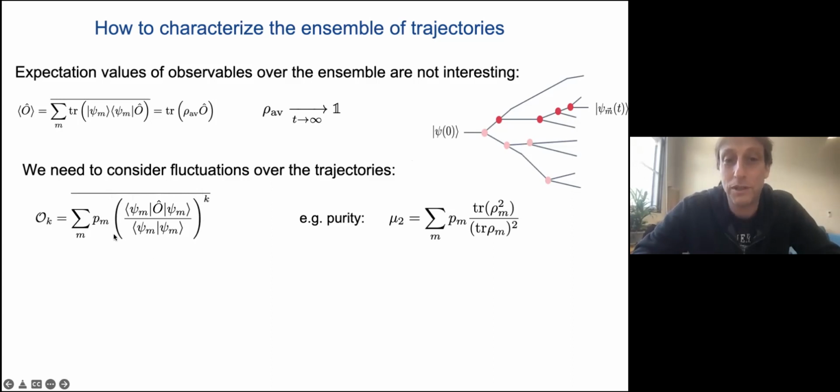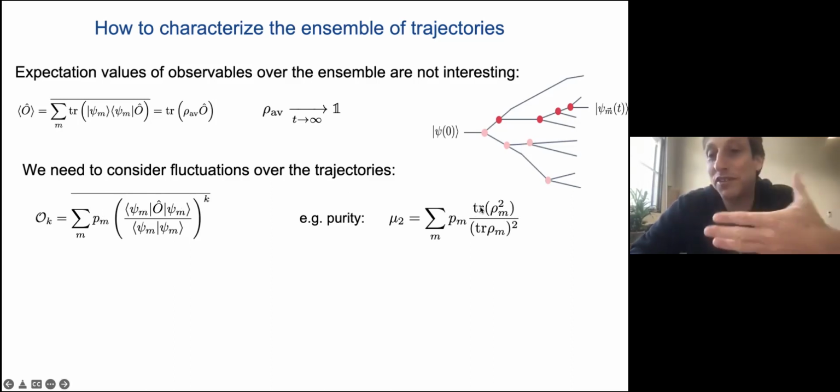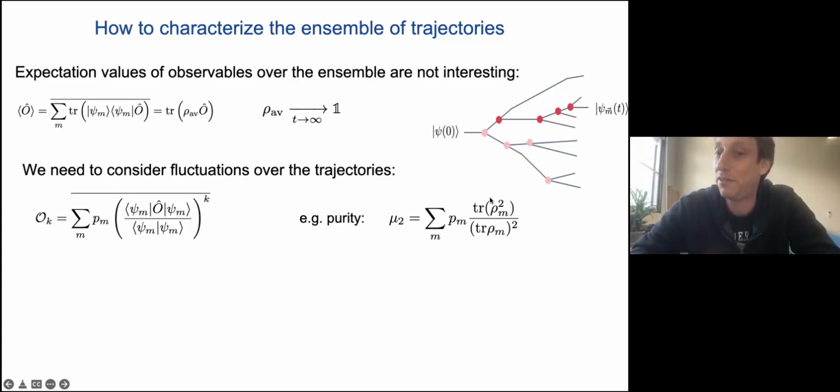That's a second moment observable. And an example of such a second moment observable is simply the purity, right? The purity has the density matrix twice. It's a strange operator, but it gives you the simplest second moment quantity, which is the purity of the state.